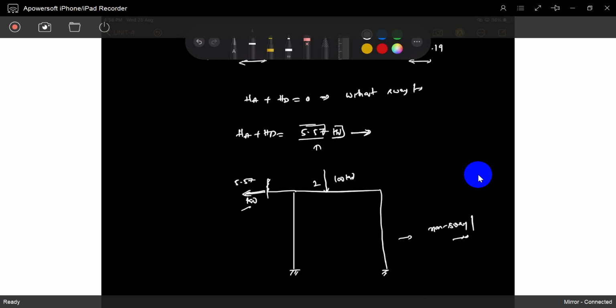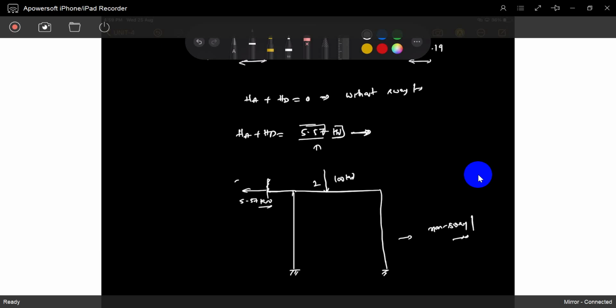If you want to maintain the same beam, same loading, but non-sway, you can achieve it like this. Have you understood? So here is the sway force of 5.57. You will apply a 5.57 kilonewton force here. That means exactly it is non-sway.